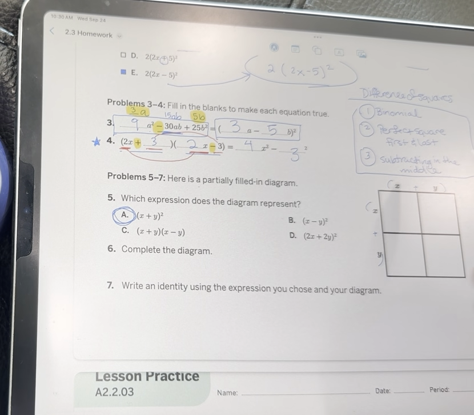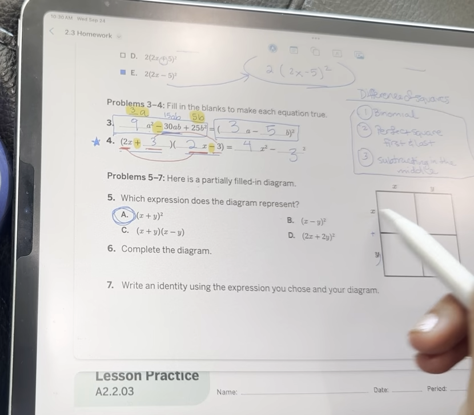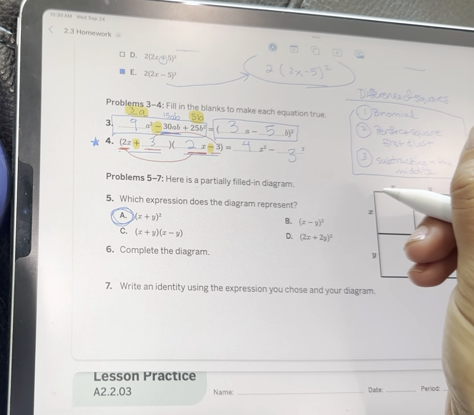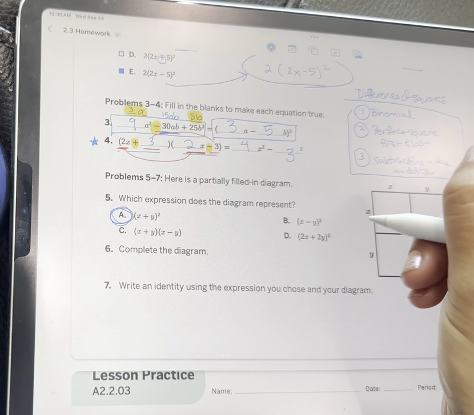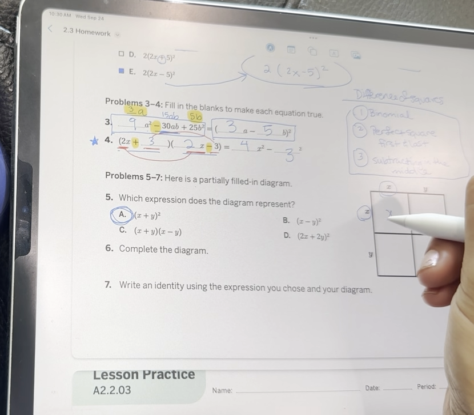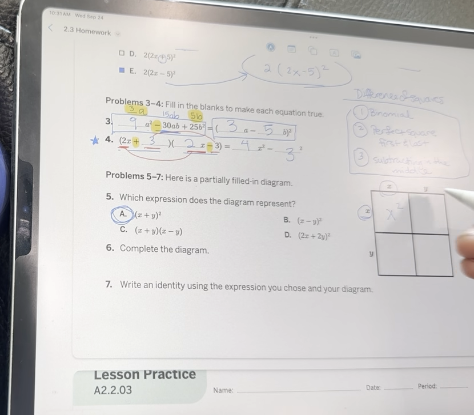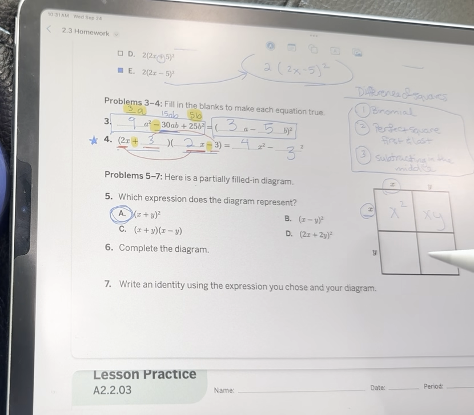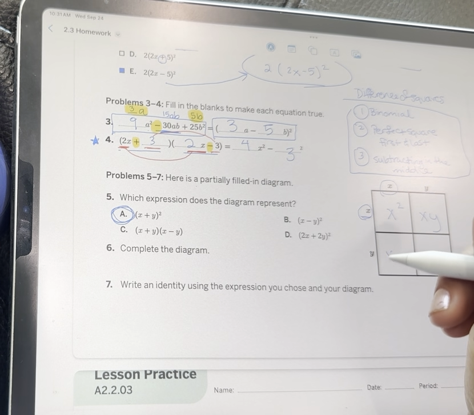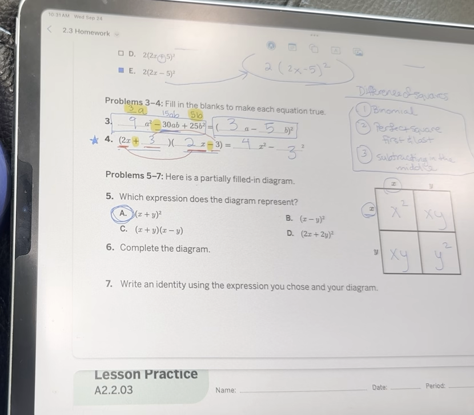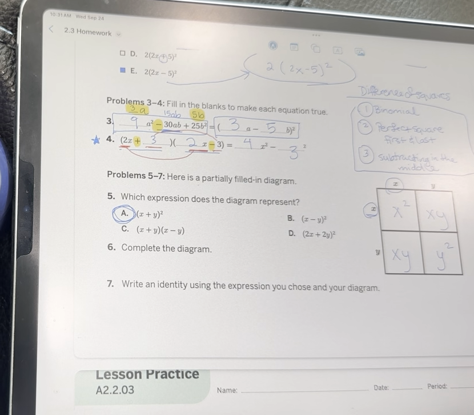This is an area model. So what we do is we multiply the dimensions to get the area. For example, in this rectangle, we have x times x, x squared. In this rectangle, we have x times y, xy. In this one, we have x times y, xy. And in this one, we have y times y, y squared. So that's number 6, filling all this out.